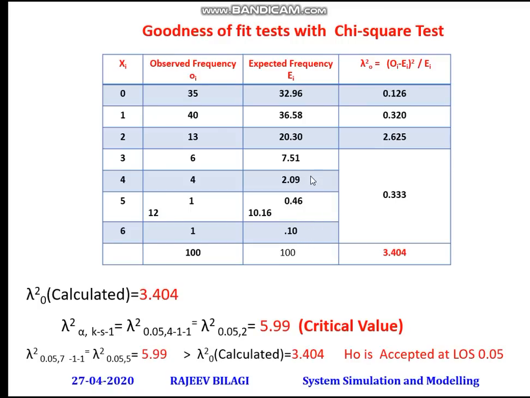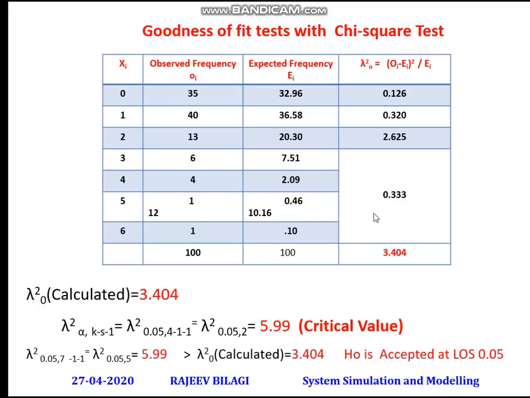So hence I will combine them with the previous value, that is 7.1, 2.09, 0.46, 0.10. Adding all this, you get 10.16. Now the corresponding observed values 6 plus 4 plus 1 plus 1 give 12.